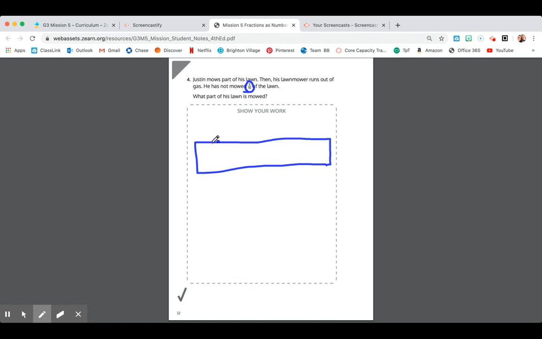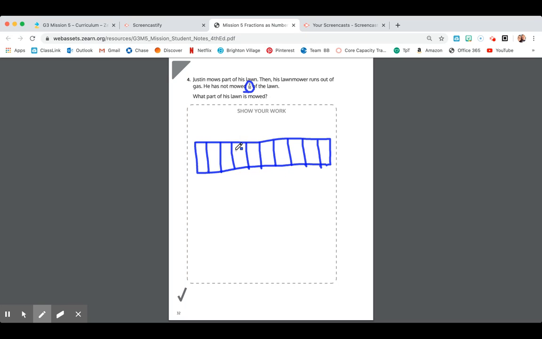9/10 tells us that there are 10 equal pieces together because I look at the denominator. The denominator is always the number on the bottom of a fraction that tells me how many equal pieces there are in total. So I'm going to draw 1, 2, 3, 4, 5, 6, 7, 8, 9, 10.